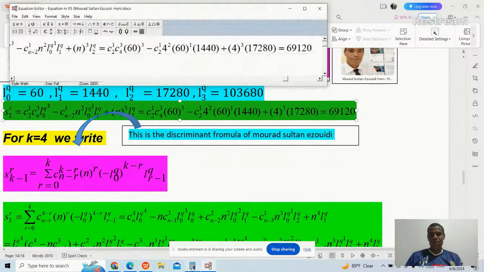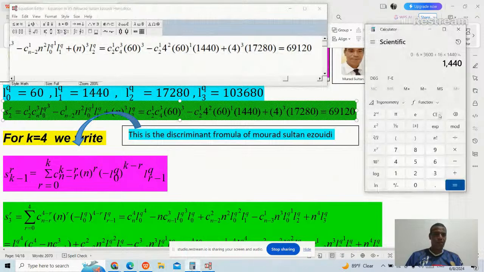This is the calculator. You can calculate with your teacher, Mourad Sultan Ezouidi, at the same time, and you learn from me new methods. Okay. And these methods will be available for you learners. Okay, because we are here not to hide science, we are here to extend your fields of thinking, to evolve your way of thinking and your ways of solving to the power n. Okay, and thanks to God that we reached this level of work.